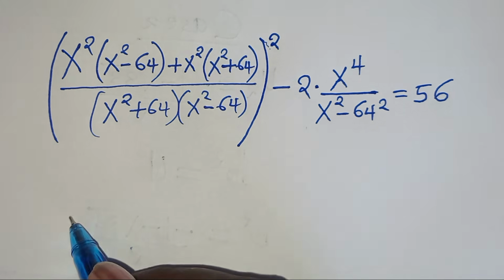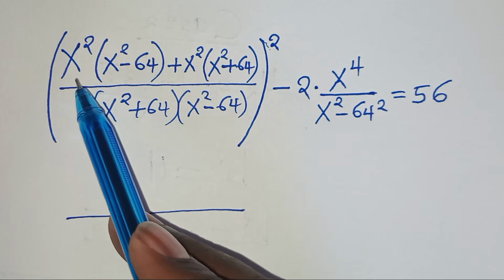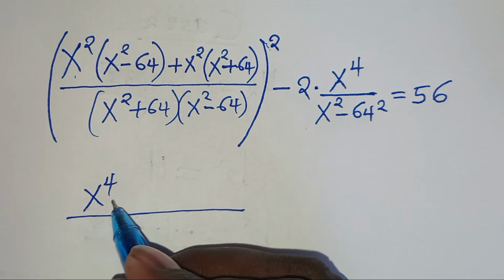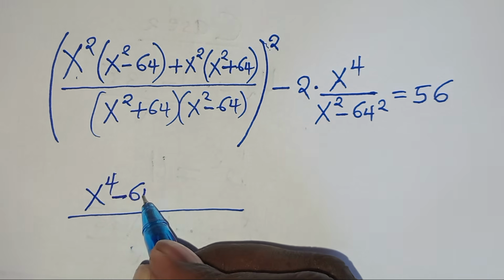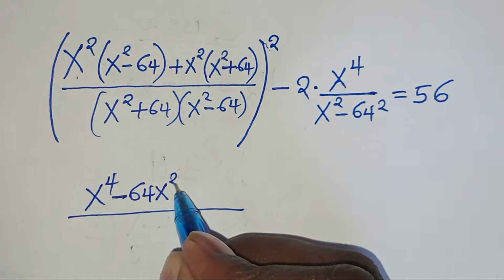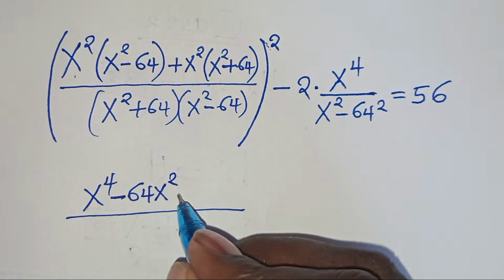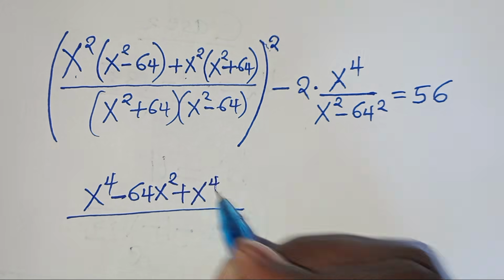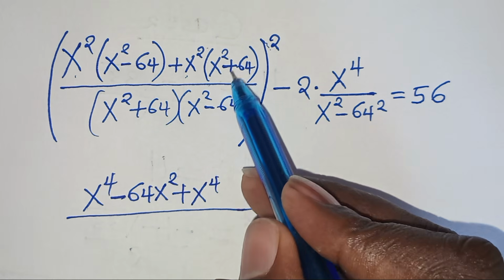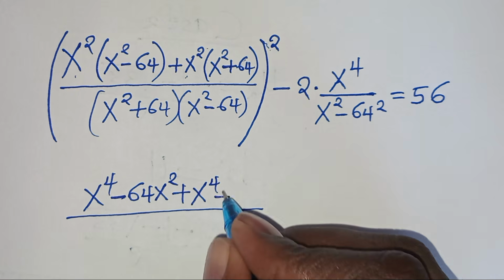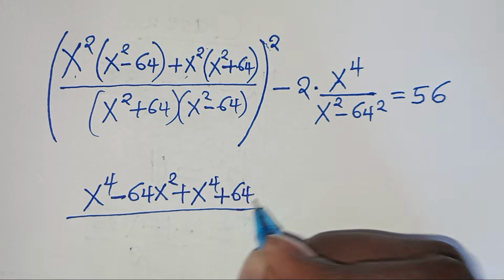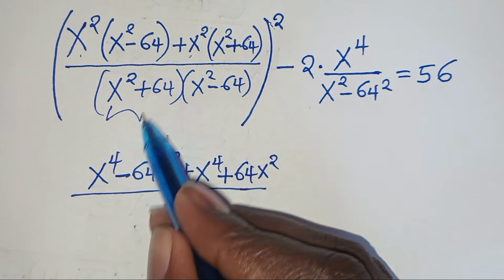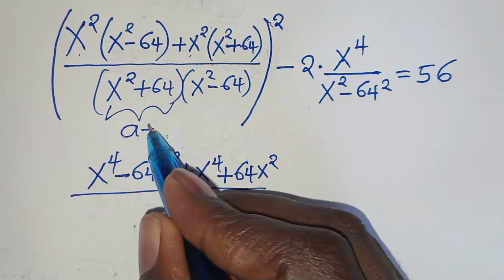Now the next step is that in the numerator we have x squared times x squared, which is x to the power of 4, subtract 64 multiplied by x squared, which is negative 64 x squared. Then plus x squared times x squared, which is x to the power of 4, then x squared times 64, which becomes plus 64 x squared, divided by, remember this is the difference of two perfect squares.